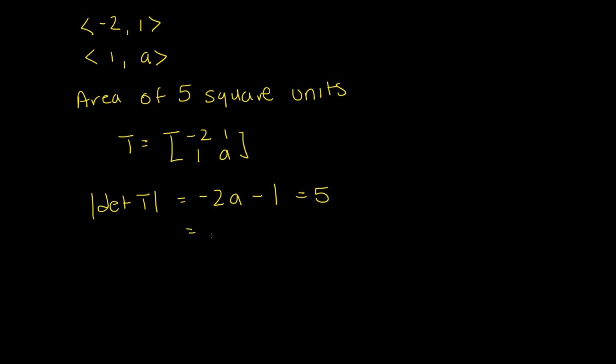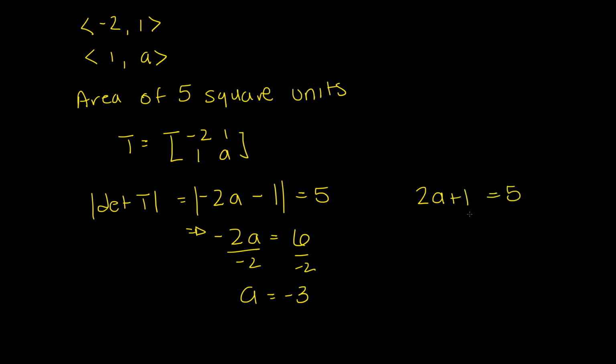So solving for a, we get -2a equals 6. Divide by -2, a equals -3. But remember, this is the absolute value, so this is only one solution. The second solution is going to be 2a plus 1 equals 5.